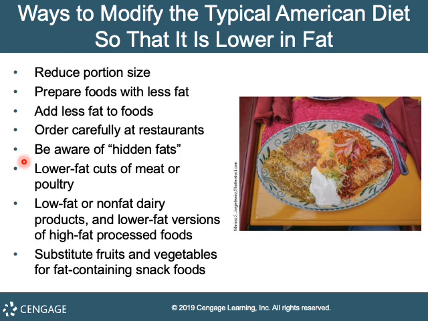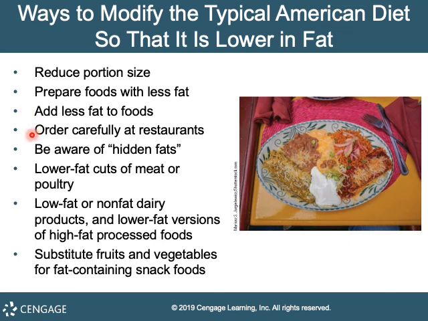So what can an athlete do? They could reduce portion size of some of the higher fat foods. They could prepare the foods with less fat, such as baking versus frying. If a recipe calls for so much butter or oil, reduce that amount, or use healthier oils.